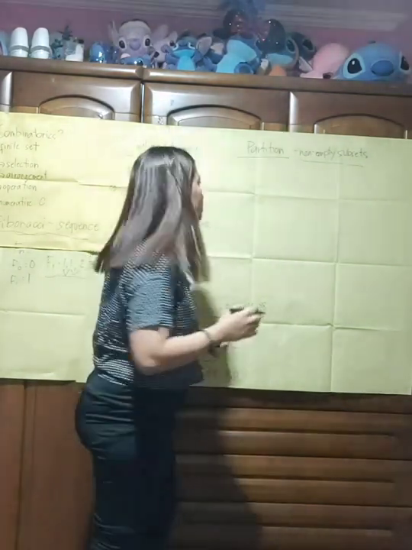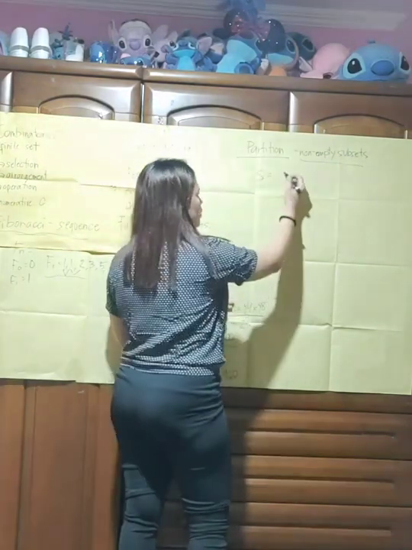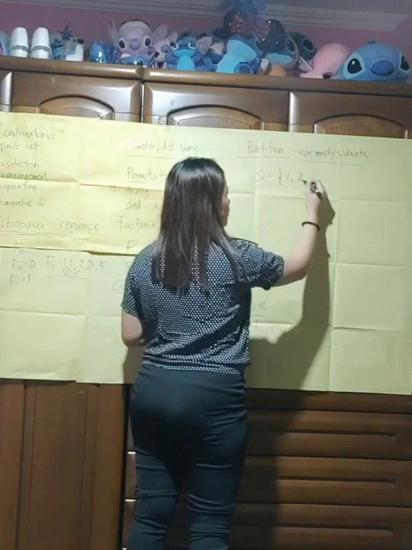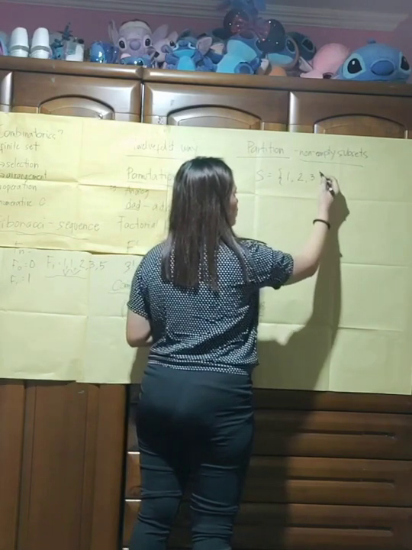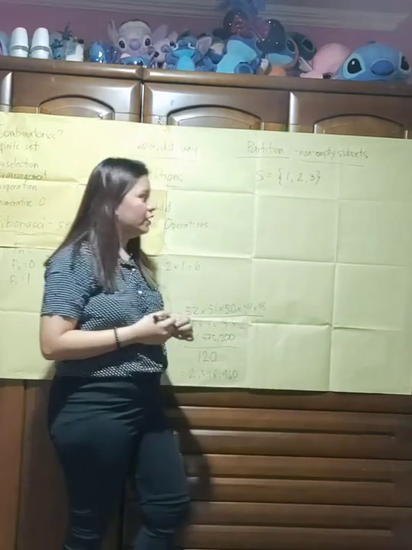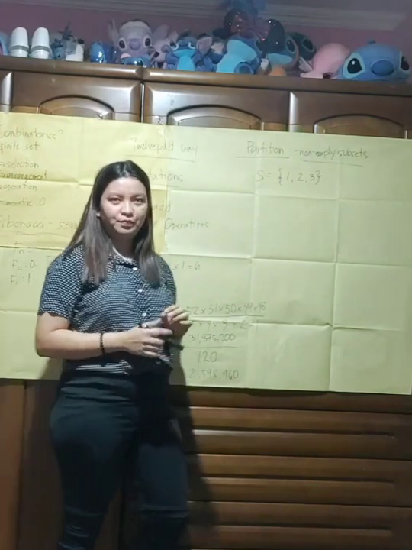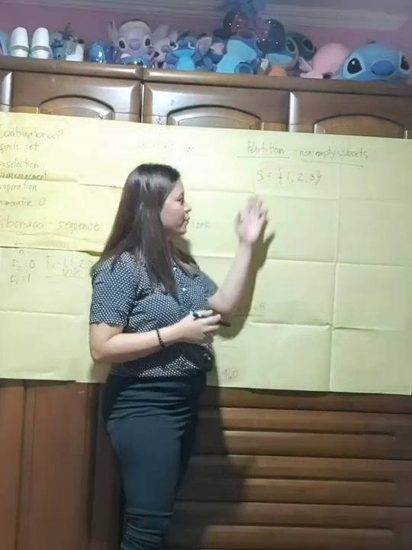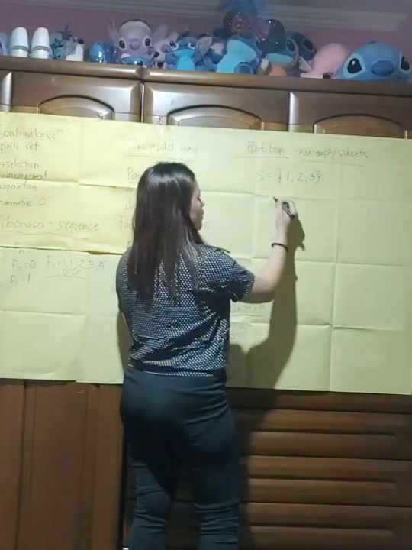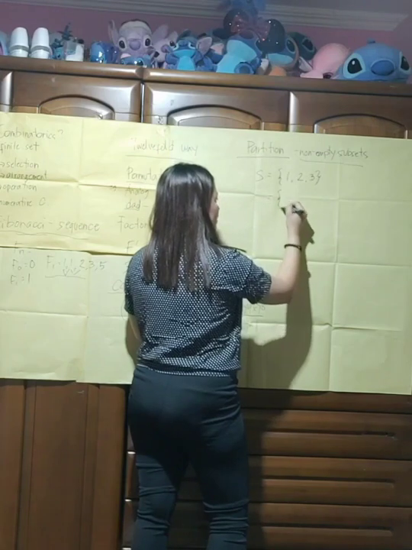For example, we have a set of 1, 2, and 3. It is a collection of the elements in subsets. We can call it a partition if it is like this.